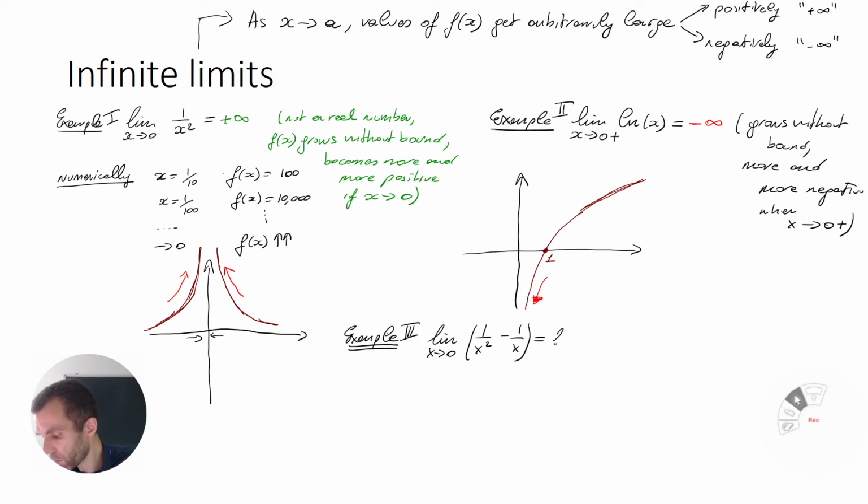But what we can do is bring this on the same denominator to get the limit of 1 minus x divided by x squared, x going to 0. Now in the numerator, if x goes to 0, the numerator goes to 1, and the denominator goes to 0.